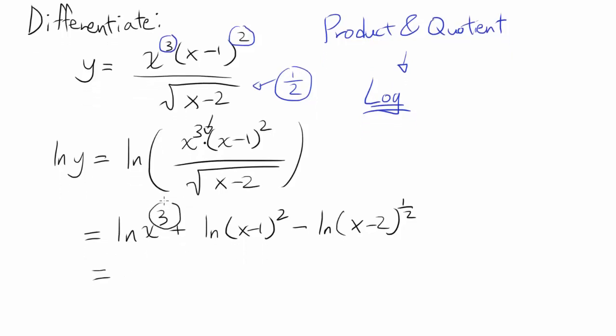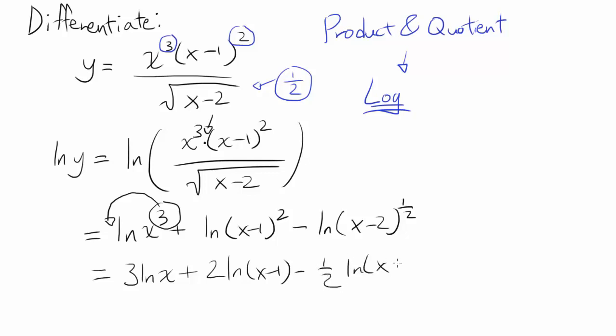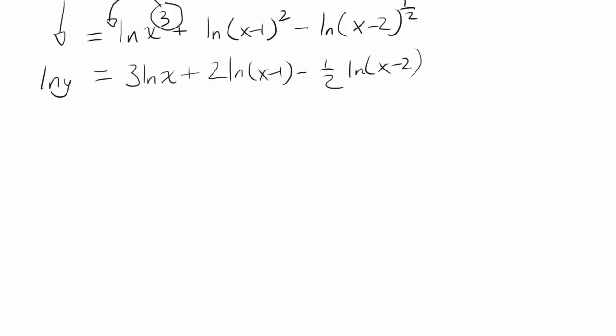And for natural log, you can bring the exponent out front. So you have 3 times natural log of x plus 2 times natural log of x minus 1 minus 1/2 times natural log of x minus 2. And you know this thing is equal to natural log of y. So natural log of y is equal to this expression.